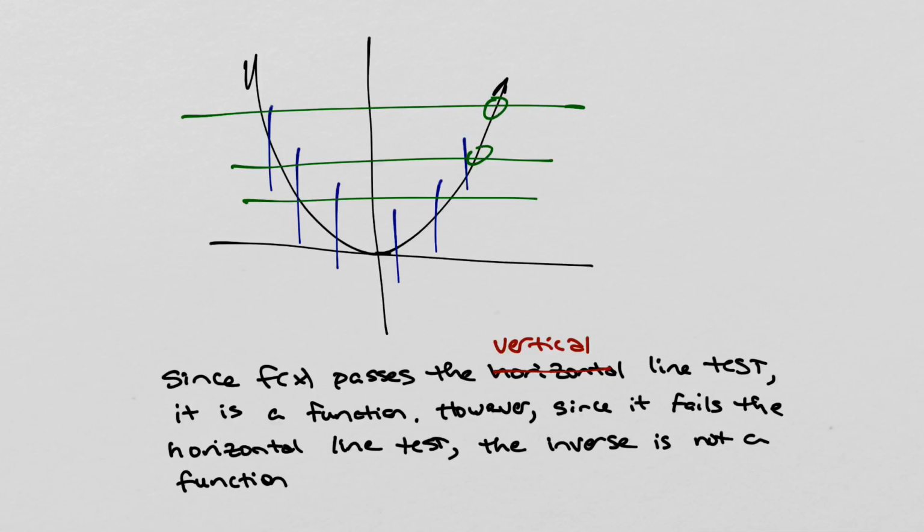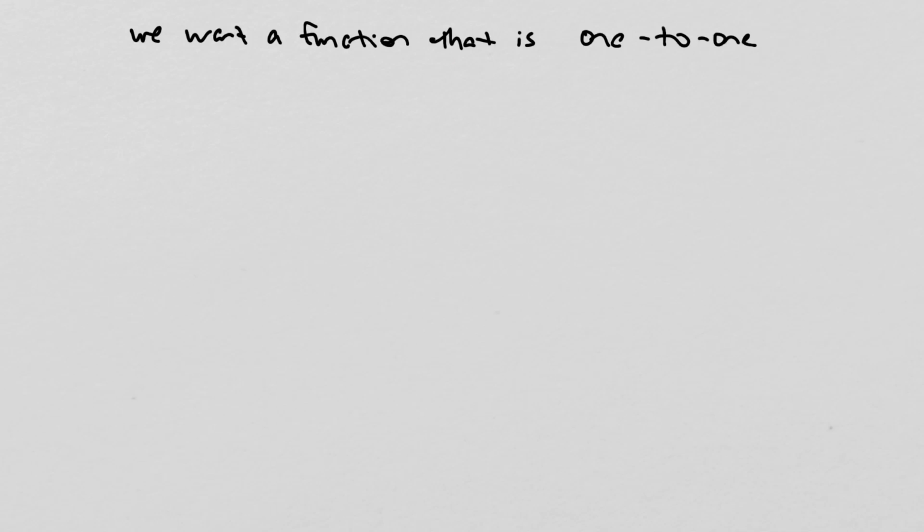Okay? So in order for us to guarantee our function has an inverse, it has to pass the vertical line test and it has to pass the horizontal line test. The vertical line test says, again, f of x is a function. The horizontal line test tells us if the inverse is going to be a function. Right? What this means is that we want a function that is one-to-one.